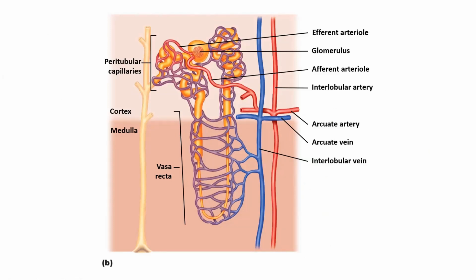We then see the peritubular capillaries. I talked about this last time we met, but the peritubular capillaries are tightly entangled or wrapped around the tubular structure. They're wrapping around the proximal convoluted tubule, which is here, right after the glomerulus. And it also wraps around the distal convoluted tubule.